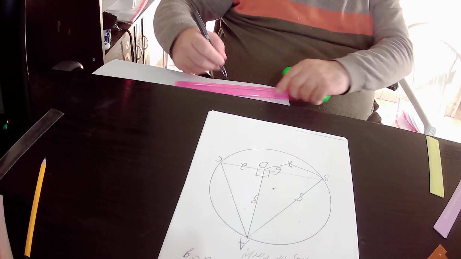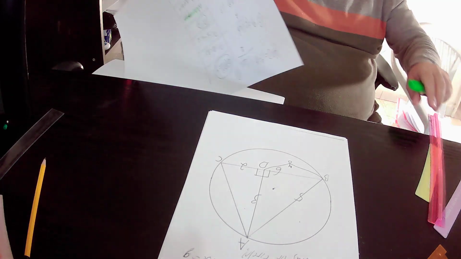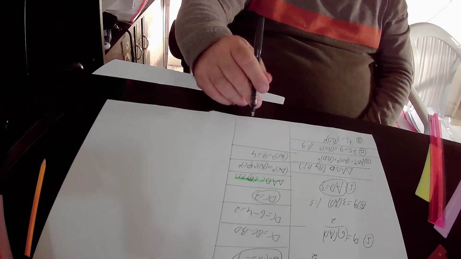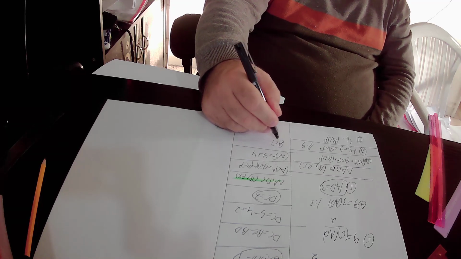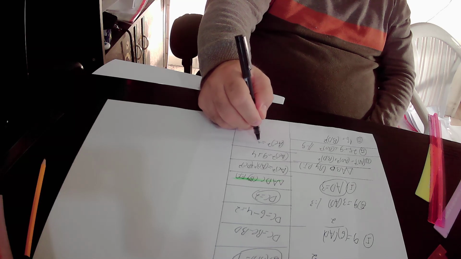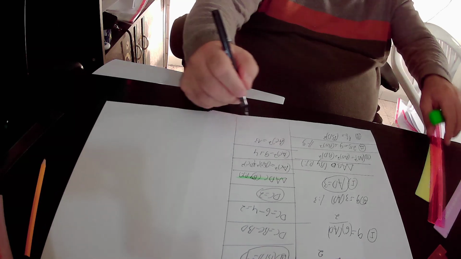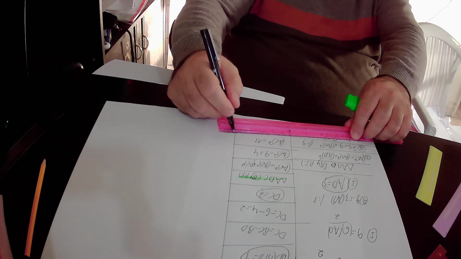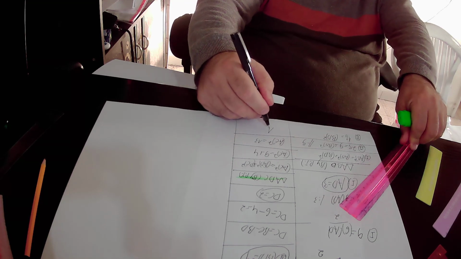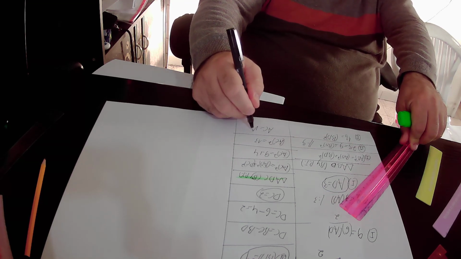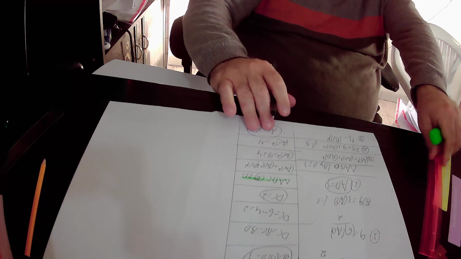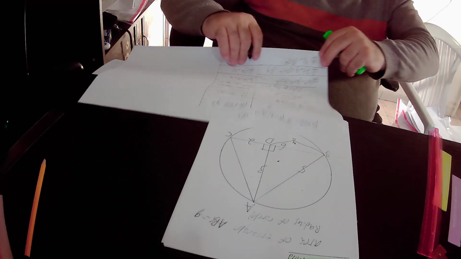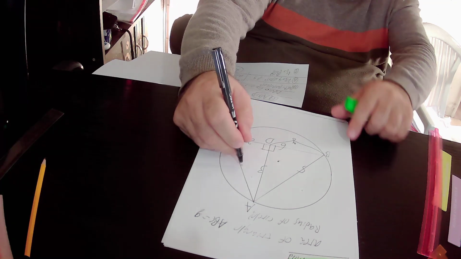So in conclusion, I found out that AC square equals 9 plus 4, that is 13. Here we take the square root of this equation and we get that AC equals the square root of 13 units. So we can write here that AC equals the square root of 13 units.